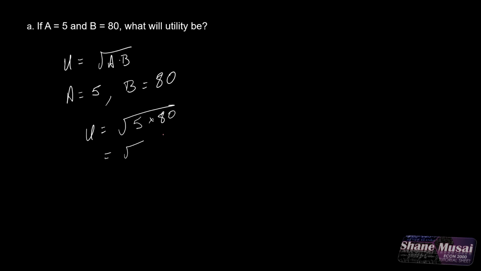So this is equal to the square root of 400, and therefore utility should equal 20. The amount of utility gained from acquiring 5 apples and 80 bananas is 20 utils.